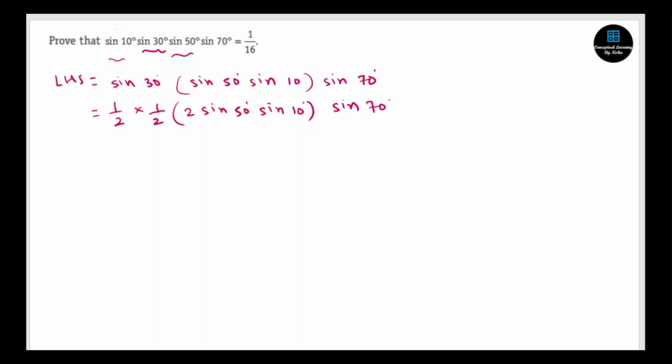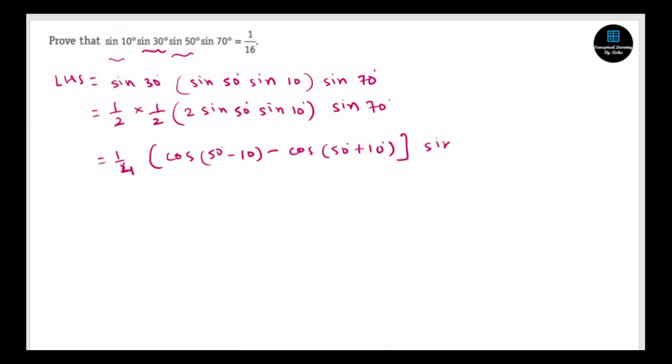Then I'll just apply the formula. 1 half into 1 half I can write 1/4, and here this is 2 sin, so I'll write this as cos of 50 minus 10 and then minus cos of 50 plus 10, right?